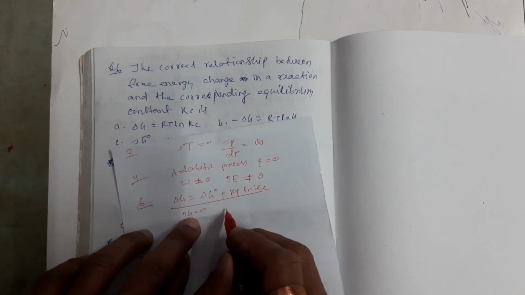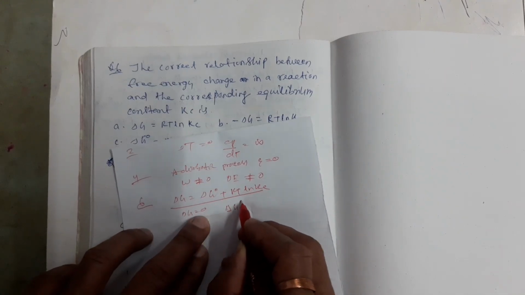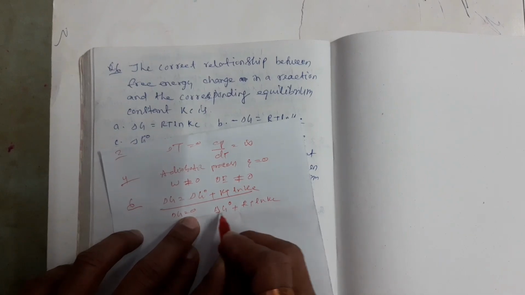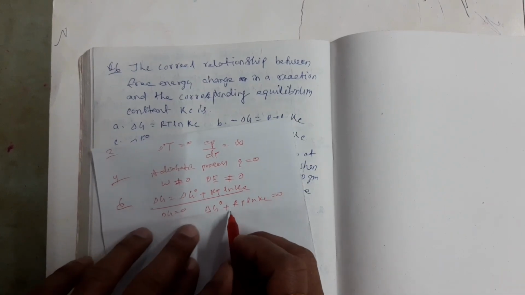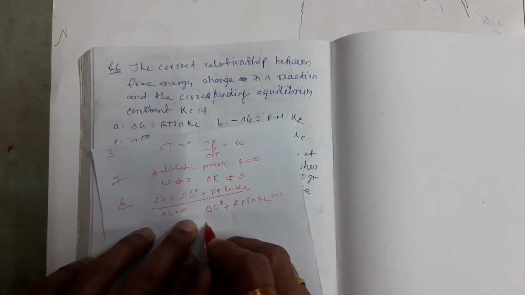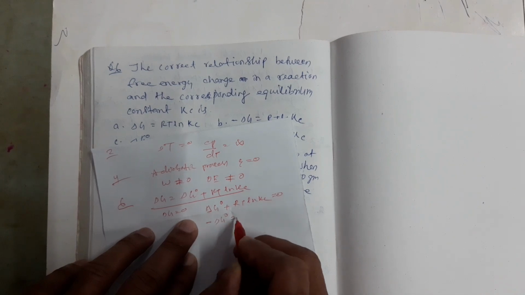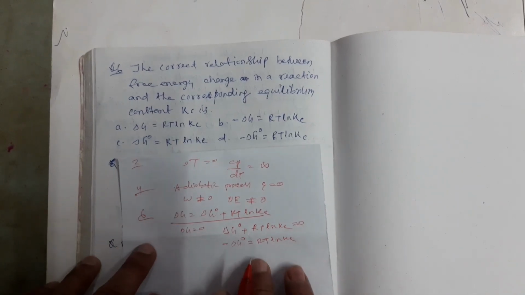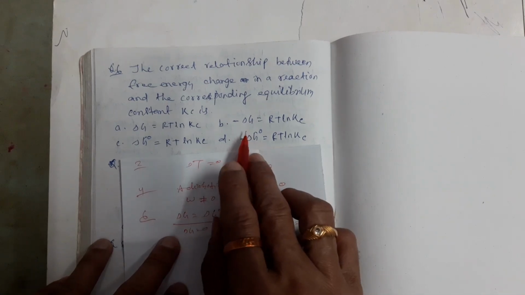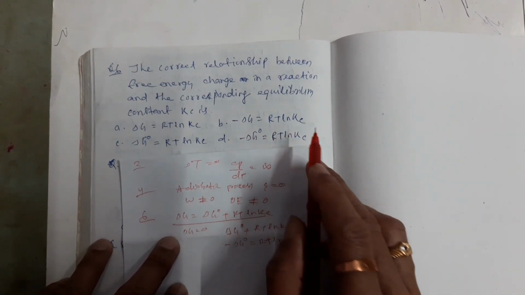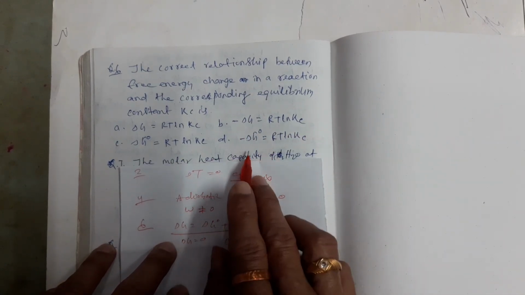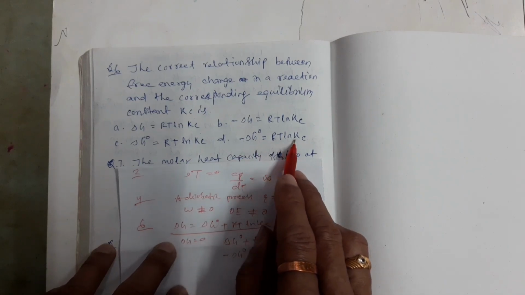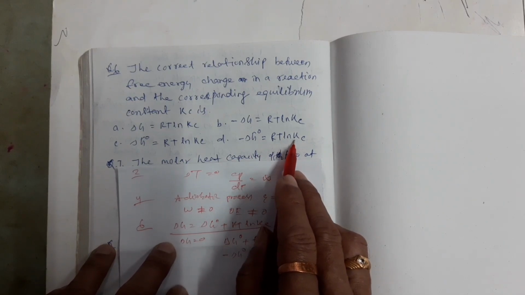If ΔG is 0, then ΔG0 plus RT ln Kc is equal to 0. So −ΔG0 is equal to RT ln Kc. Sorry, D is the correct answer. −ΔG0 is equal to RT ln Kc.